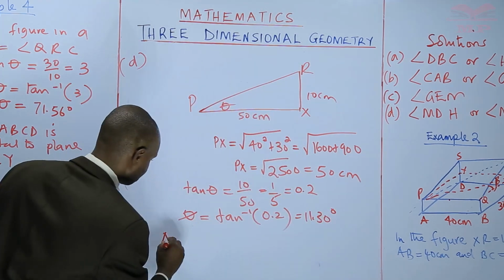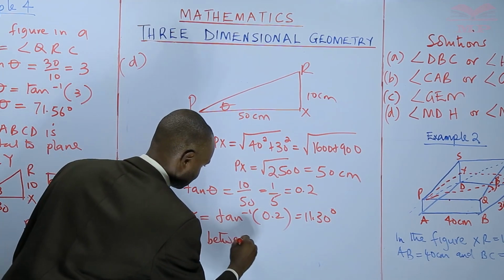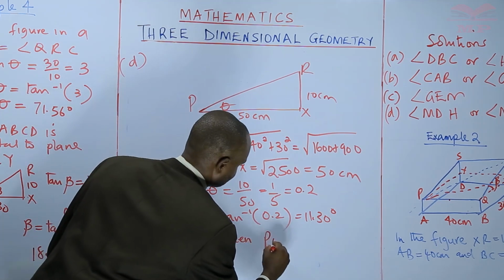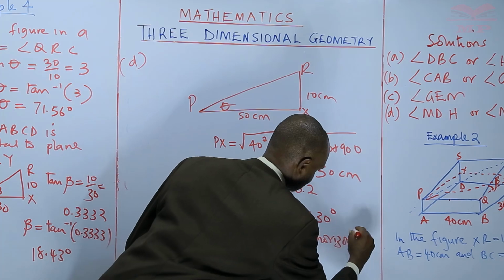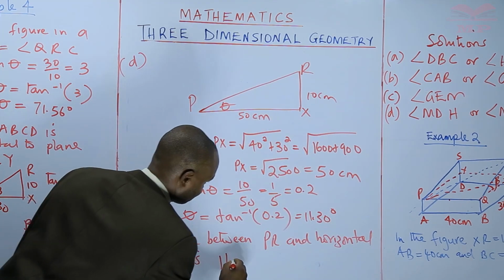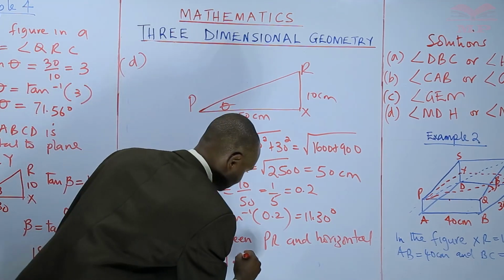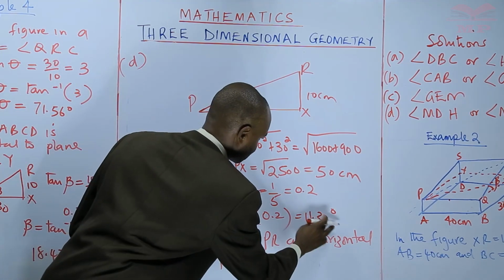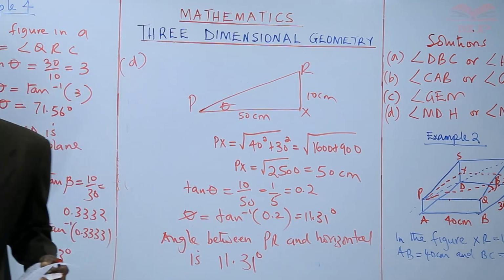So the angle between PR and the horizontal is 11.3, approximated to 2 decimal places, 11.31 degrees.